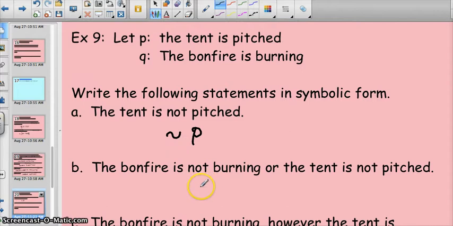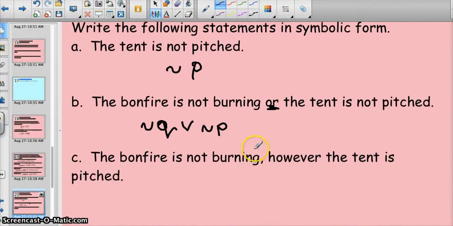The bonfire is not burning is Q with a negation. Or is the disjunction, which is symbolized with the or symbol, the V. Finally, the tent is not pitched is the negation of P. Again, a little weird, but it's not hard stuff.